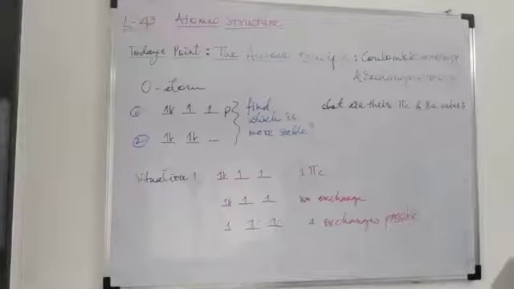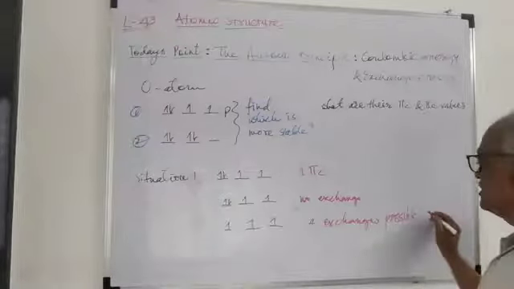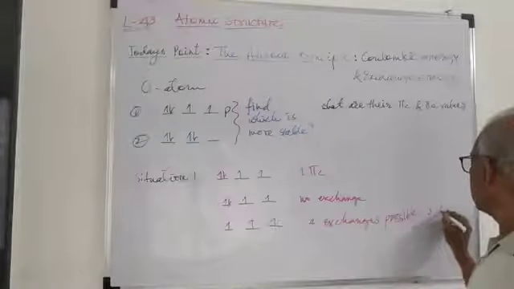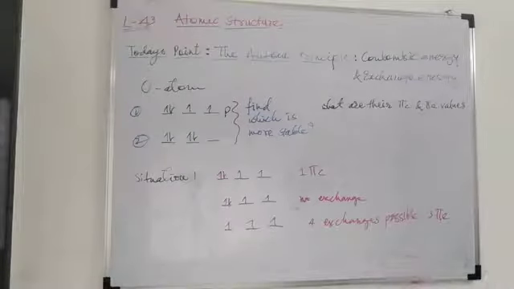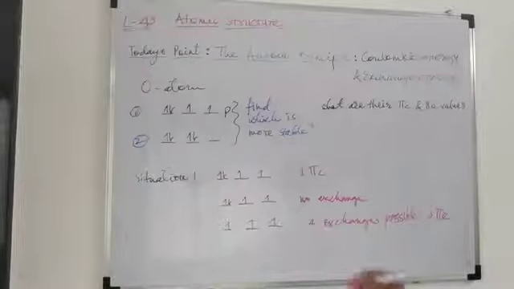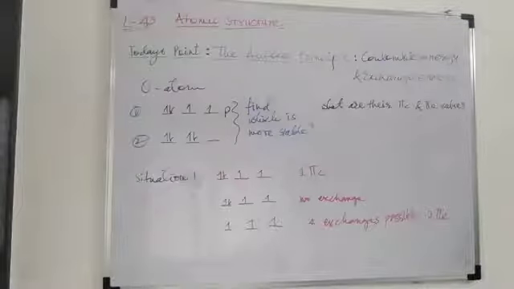So overall, here we can show that the energy associated with this is called 3 pi e, and in this arrangement we have no exchange value. So overall there are 3 pi e exchanges.